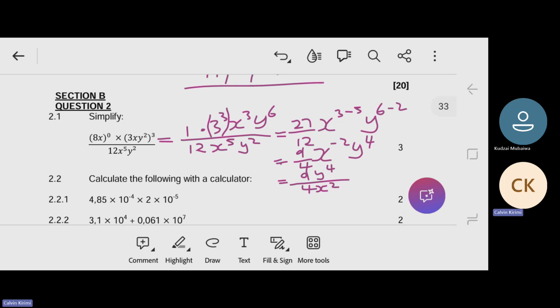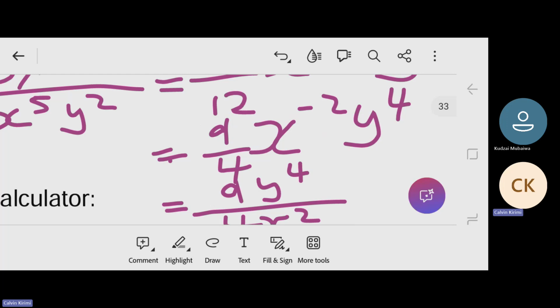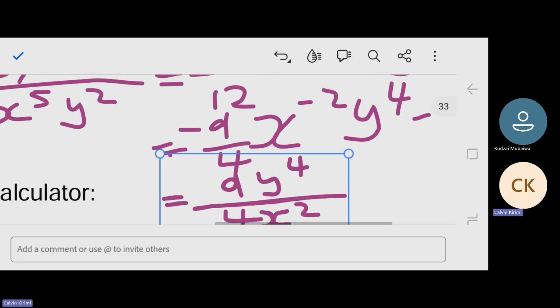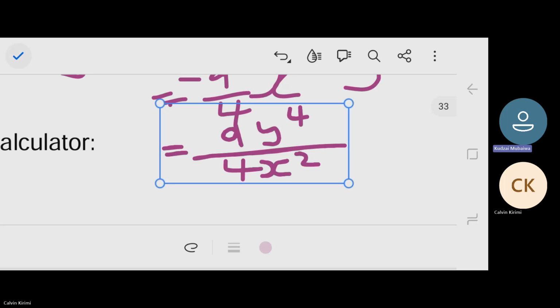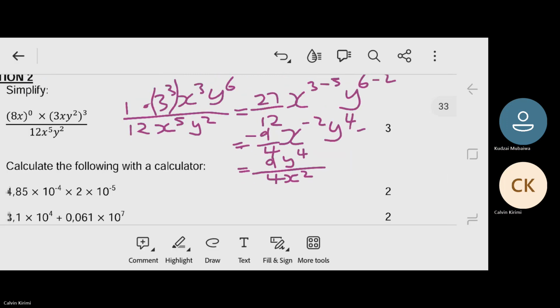The 2 goes on the denominator. Negative 2 means it's on the denominator. Oh, yes, sir. That's why I put the numerator as 9 times y to the power 4, and the denominator as 4 times x to the power negative 2. Yes, sir. The negative comes down. I got it, sir.